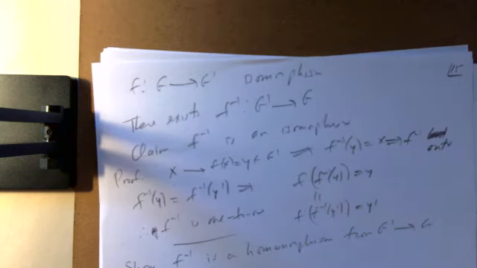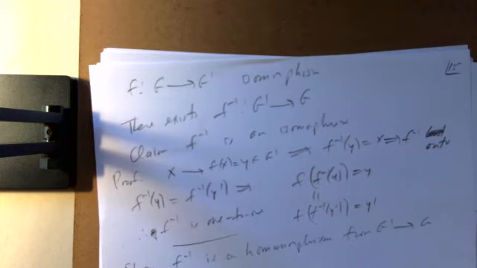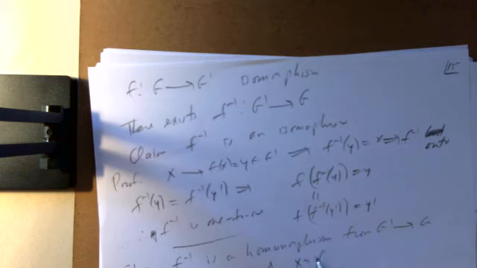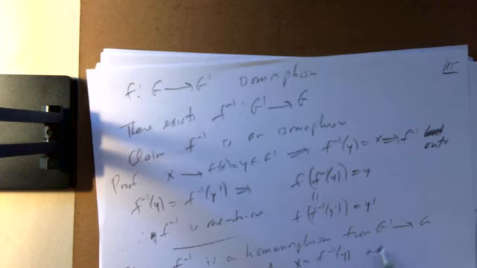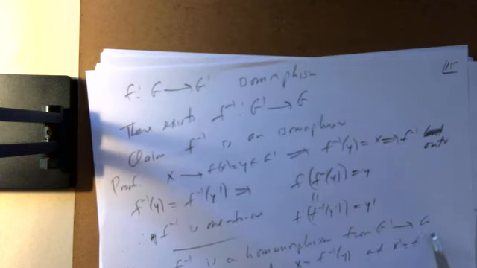So suppose we let y and y prime be two elements of G prime, and we let x be f inverse of y, and x prime be f inverse of y prime.